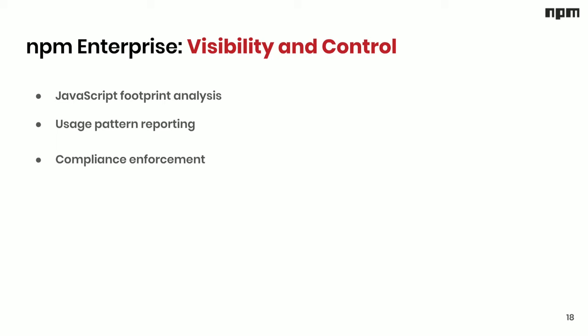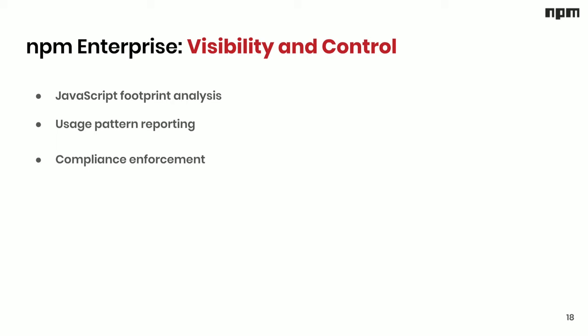And kind of the last area of features that NPM Enterprise gets you is improved visibility and control into JavaScript. So, for example, we mentioned that there's an extreme level of modularity in JavaScript. And what NPM Enterprise is really good at is helping you tease out that web of transitive dependencies to better understand the true surface area of what your application is pulling in.